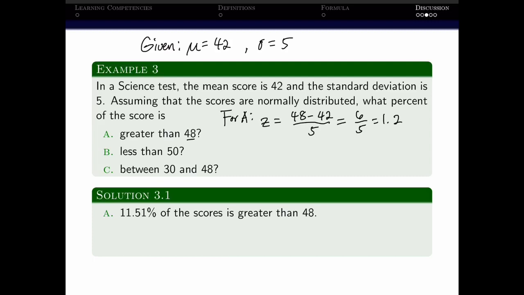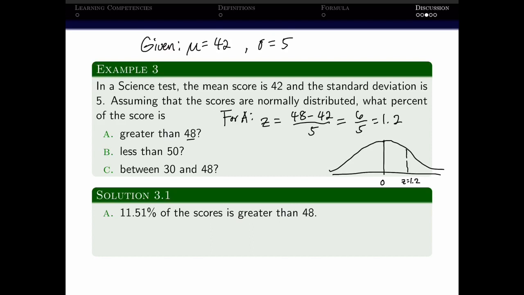Now, let's draw the normal curve. Let's look at z equals 1.2. So 0 is here, 1.2 is here.